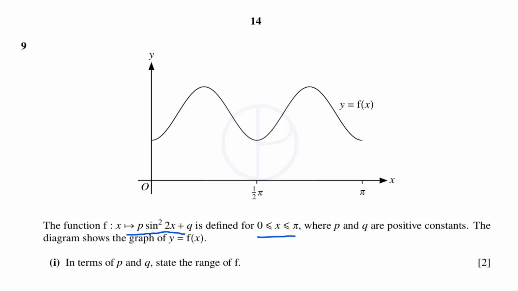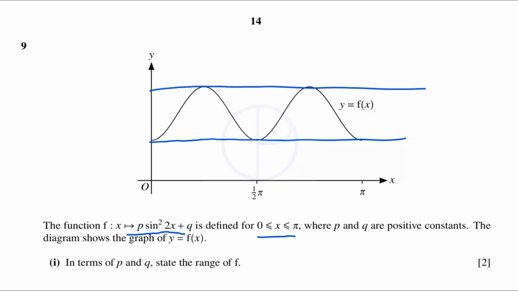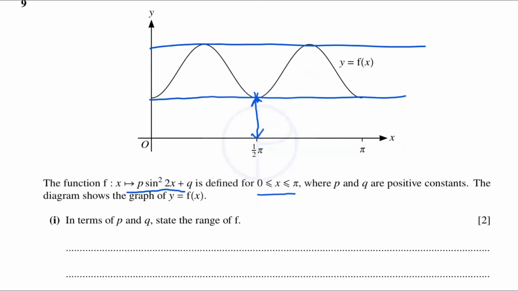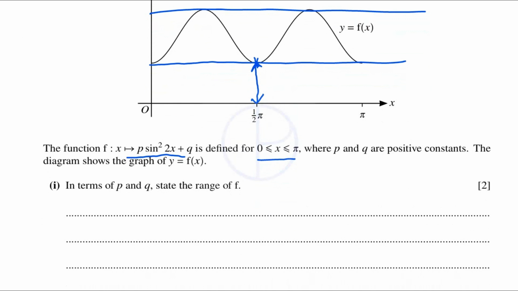The range of f is nothing but the minimum and the maximum value f can take. From the diagram, we see that it takes the minimum value at this point and this is the maximum. Here f of x is minimum at 0, and it is also minimum at pi.